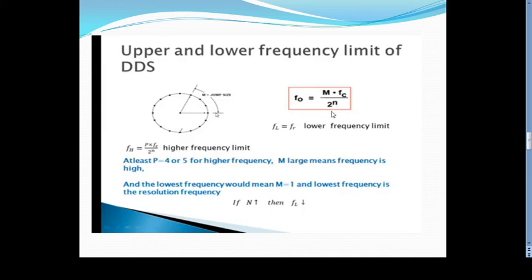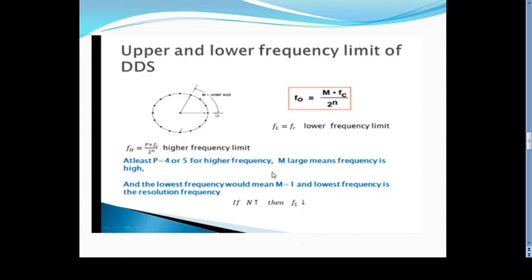It may be capital N or small n, it is the same. M is the number of jumps and Fc is the clock frequency. The lower frequency limit is equal to the frequency resolution, and the upper frequency is P into Fc divided by 2 raised to n. This gives the higher frequency, with at least P equal to 4 to 5.